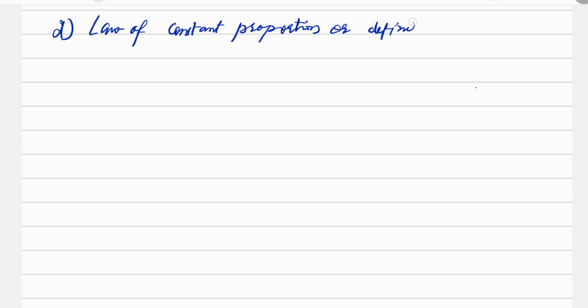So today we are going to do the second law of chemical composition, that is the law of constant proportion or definite proportion.